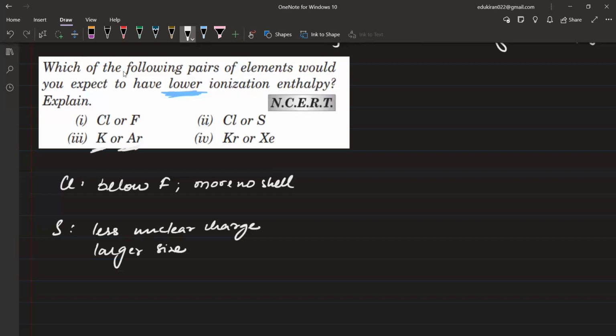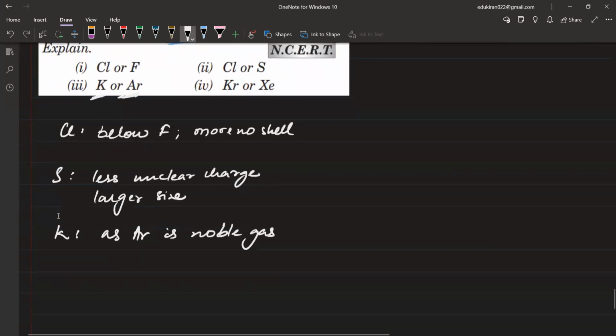Potassium and argon: potassium will have the lower ionization enthalpy because argon is a noble gas. If it is a noble gas, then it has a higher ionization enthalpy. So potassium will be lower. In krypton and xenon, xenon is going to have lower because it is below krypton, with larger size.